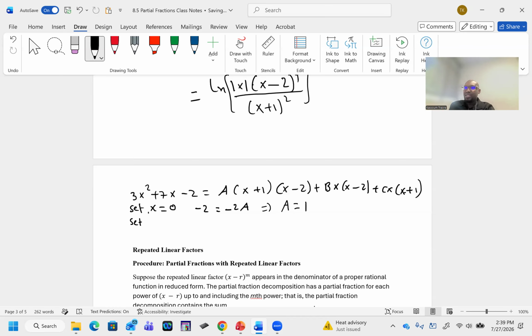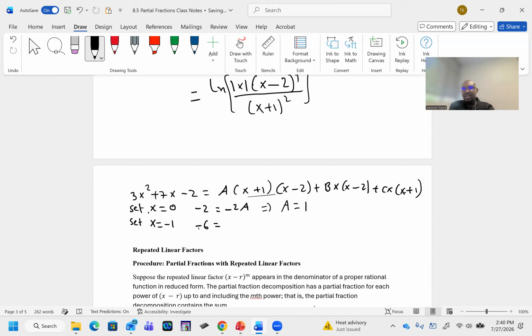Also, if we set x equal to negative 1, because we know negative 1 is a zero of the denominator, we'll have negative 1 squared, which is 1, times 3 is 3, and 3 minus 7 will be negative 4. Negative 4 minus 2 will be negative 6. So negative 6 will be equal to, on the right side, x is negative 1, negative 1 plus 1 is 0, so 0 times a will be 0.